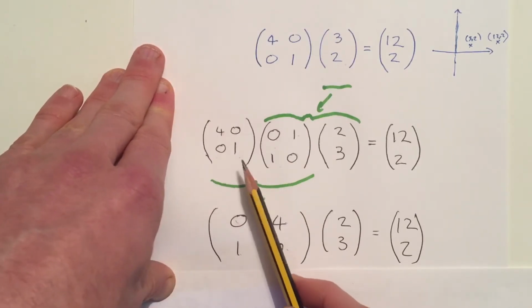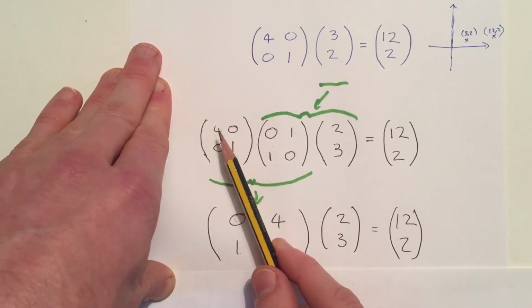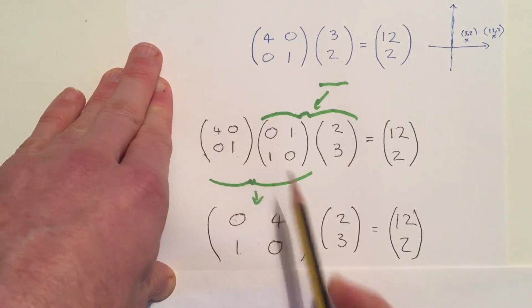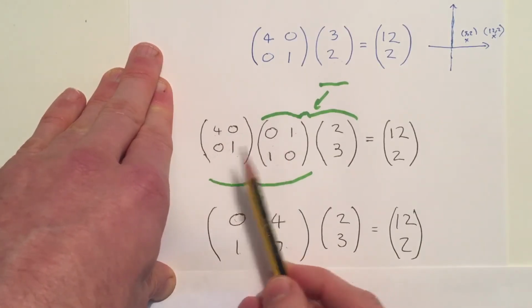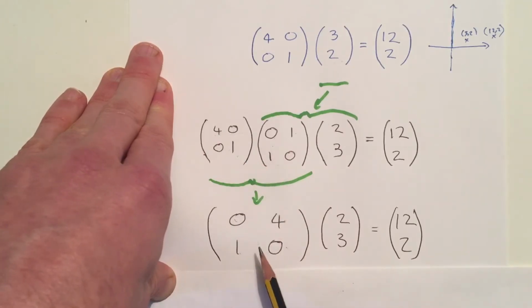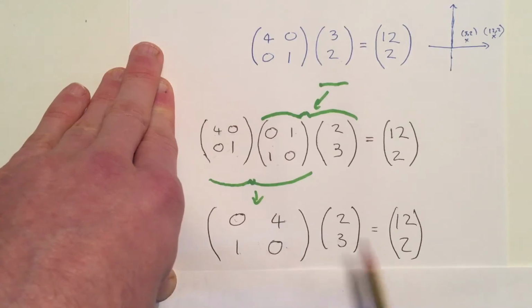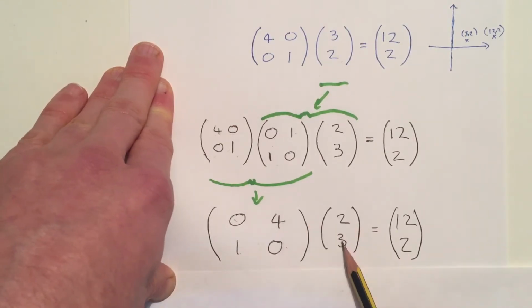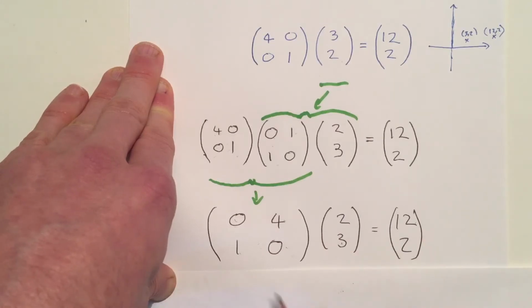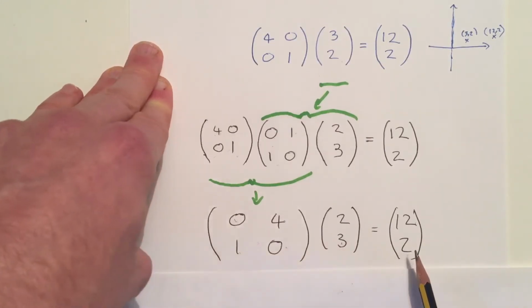This represented the stretch of scale factor 4 in the x direction. And if I do this first, followed by this, I can combine those 2 transformations to be this matrix. As you can see, that does give me the same result here. 0 times 2 plus 4 times 3 is 12. 1 times 2 plus 0 times 3 is 2.